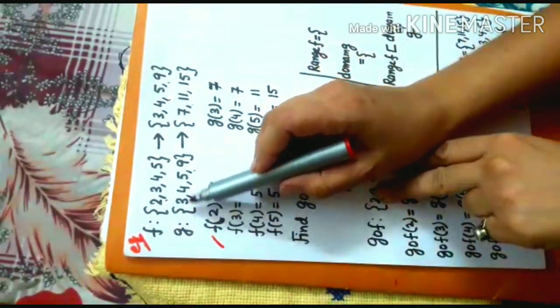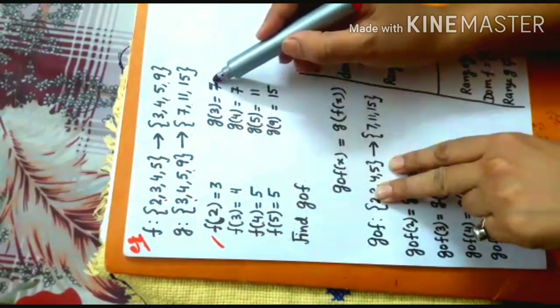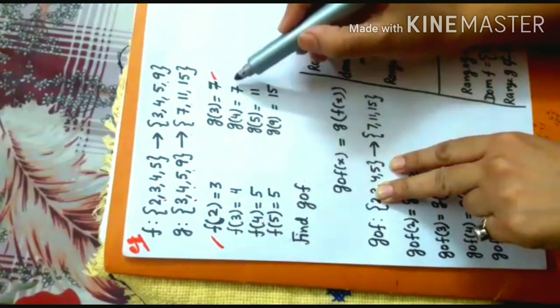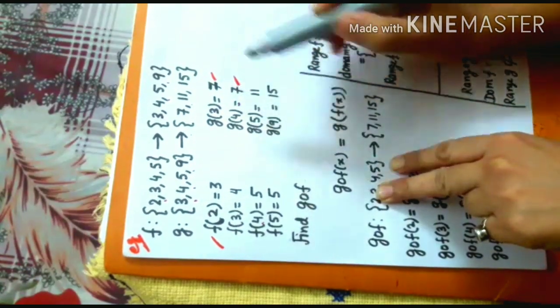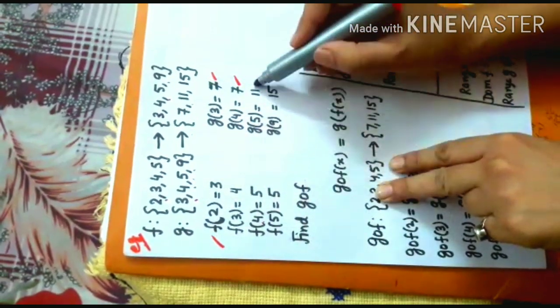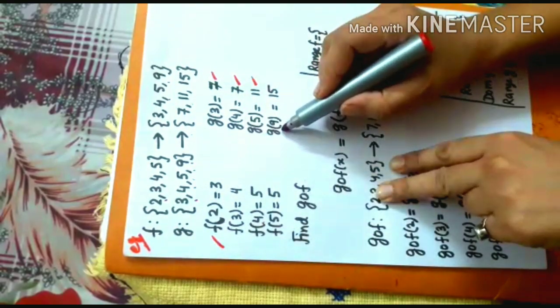And the function g is defined as image of 3 under the function g is 7, g(4) is 7, g(5) is 11, and g(9) is 15.